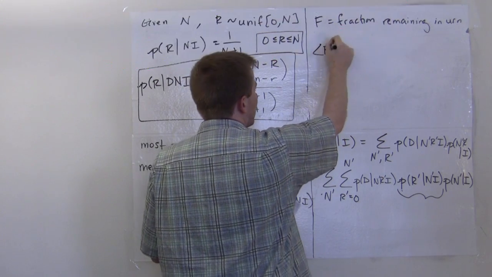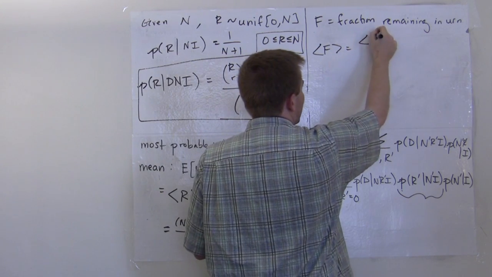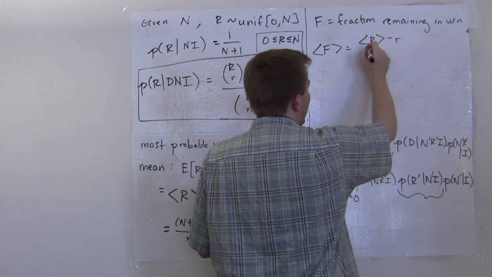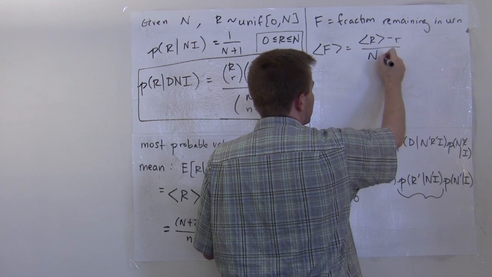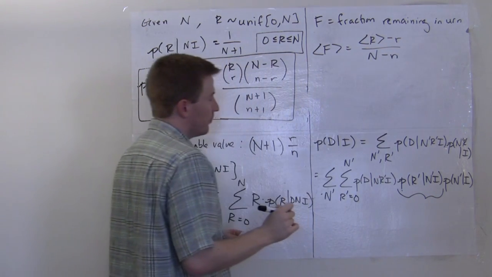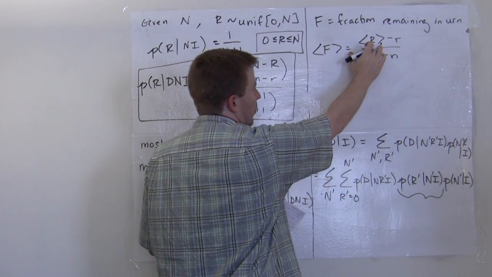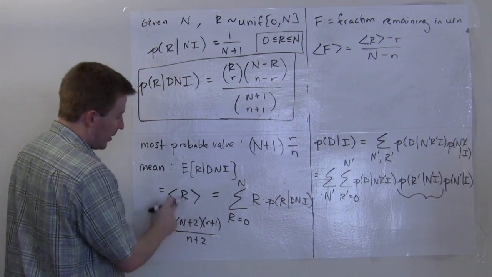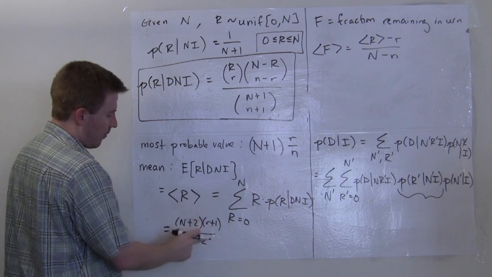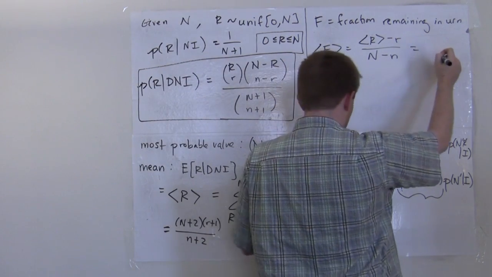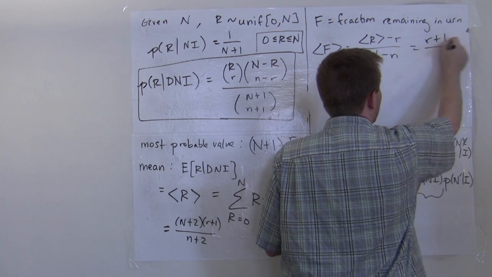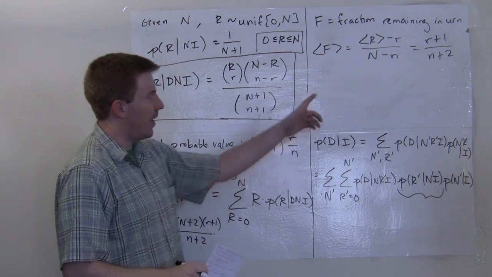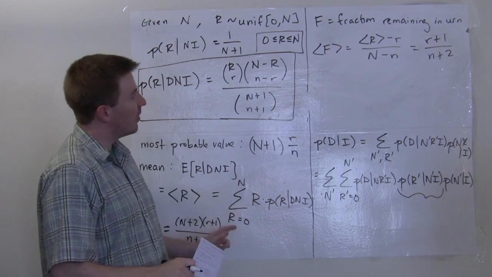Its expected value is the expected value of the number of reds in the urn minus the little r that you took out, divided by the total that was in there originally minus the little n that you took out. Remember, capital R is what started in the urn and we took out little r of them. If you plug in the expected value of R, what you get out in the end is something quite nice: little r plus 1 divided by little n plus 2. I won't do all the algebra there, but I trust that you can work that out on your own time.